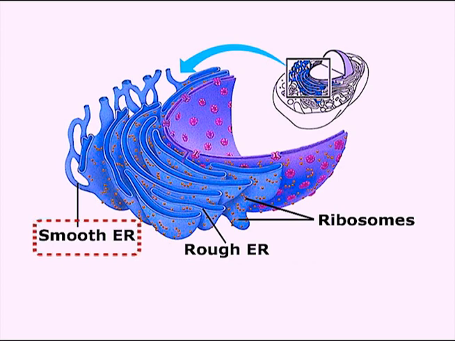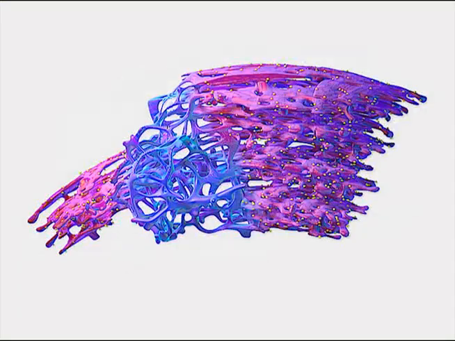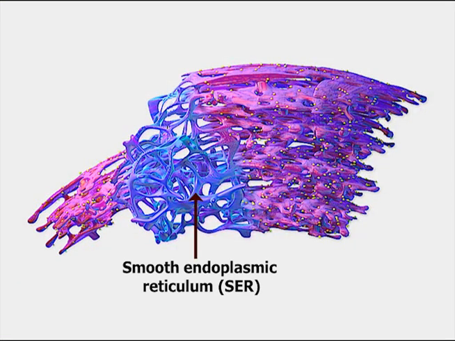SER lacks ribosomes. The smooth endoplasmic reticulum is the region where the synthesis and metabolism of fatty acids and phospholipids occur. Different cells may contain different amounts of SER depending on their nature and function.